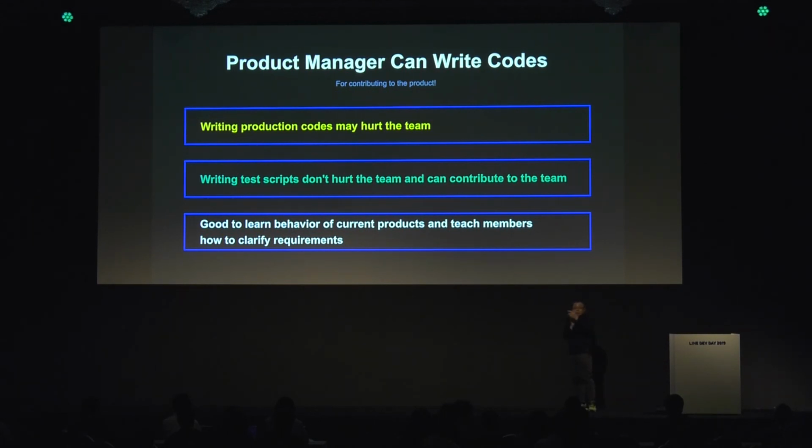But that can be reduced because they can run the product and write their own code and see whether it works or not by themselves. This heightens the sophistication of the team for product management. So test automation can make product management more elegant.